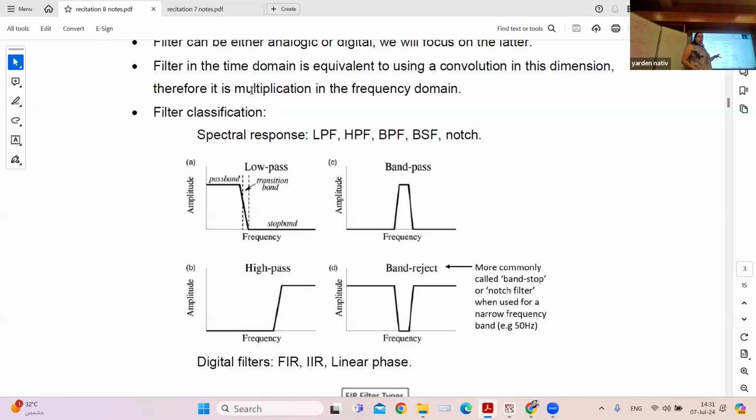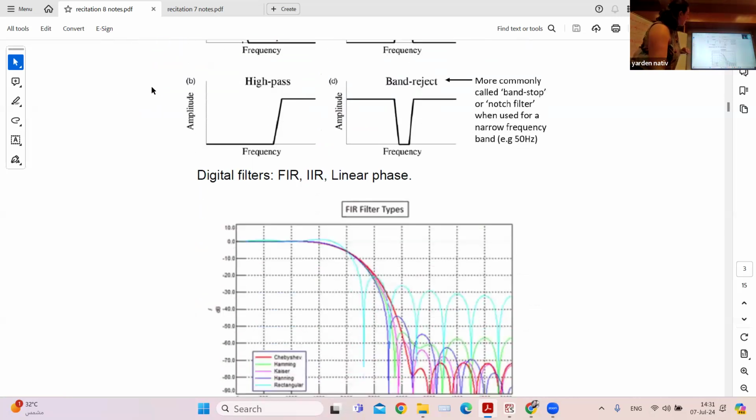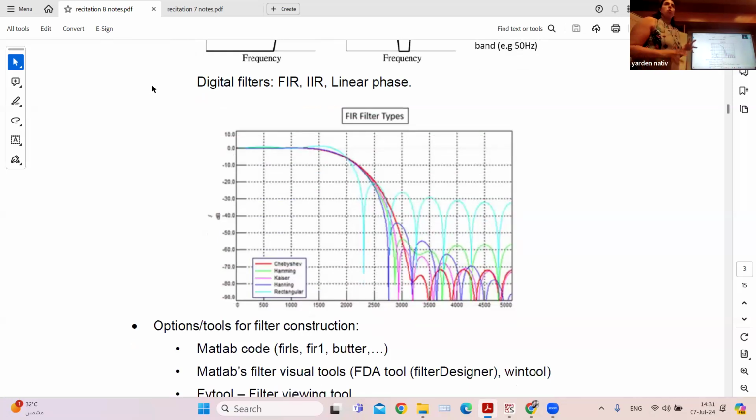So now let's focus and really try to understand this idea of the transition. So, as I said, when we use a filter, right? Here the x-axis is time instead of frequency. Okay?